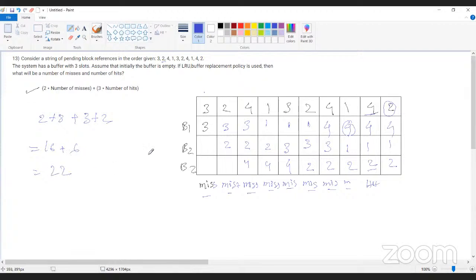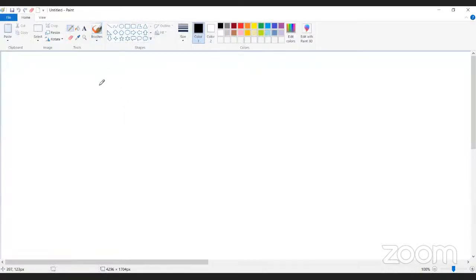So any doubt in week 8? In week 8, the main thing is trees. We have already discussed it in the week 8 activity session.